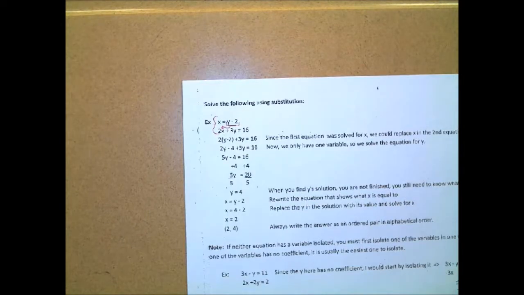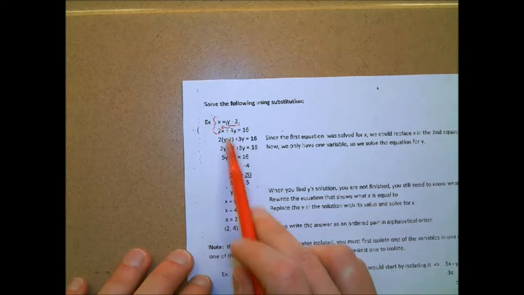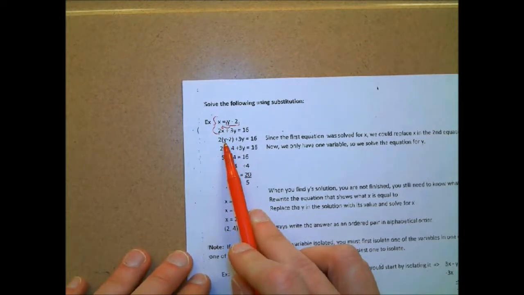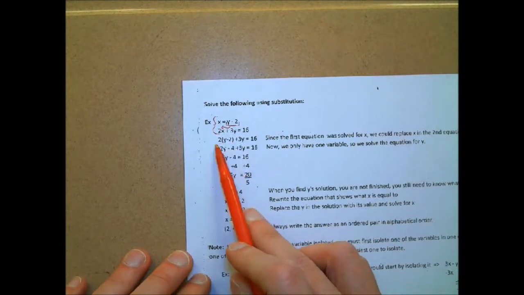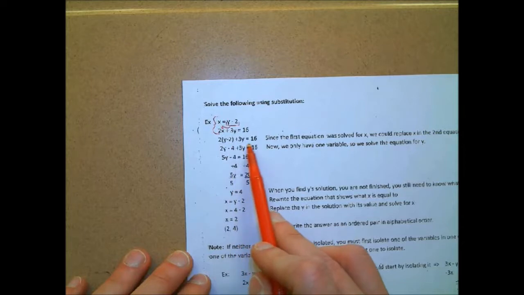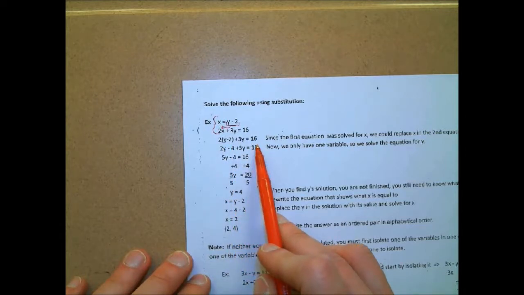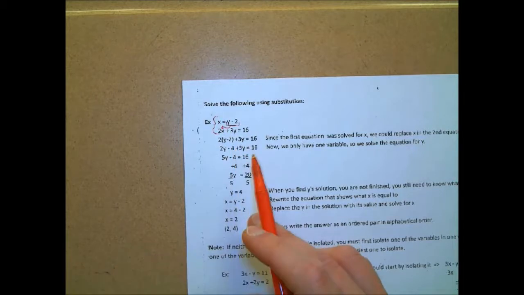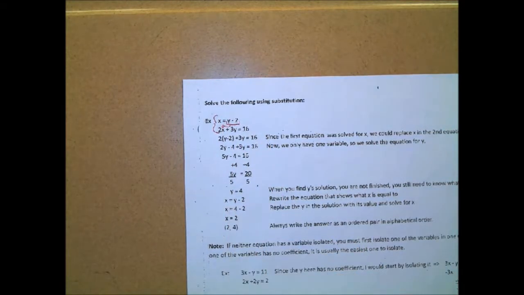We're going to take that y minus 2 and plug it in for x. And you can see the x is replaced with y minus 2 in parentheses. Now, what variables do we have in this equation now? What's the only variable we have in this equation? Y. Can we solve an equation that has a single variable in it? We can, right? We can solve this.